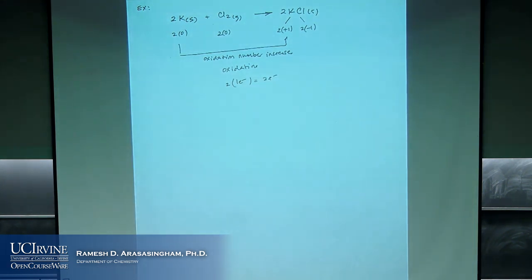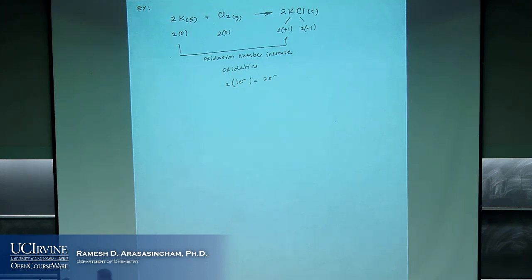As each potassium atom goes from an oxidation number of 0 to +1, there's a net change of 1. The net change of 1 means that 1 electron is being lost. But overall we have 2, so you multiply it by 2. And so in this reaction, 2 electrons are being lost. All right?